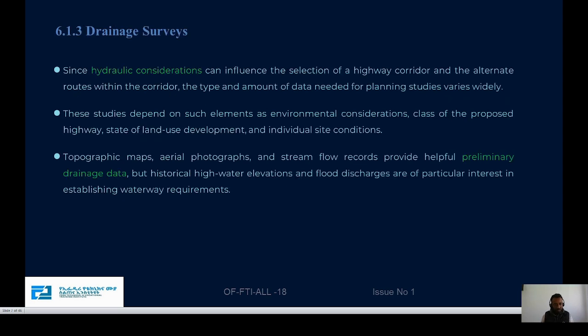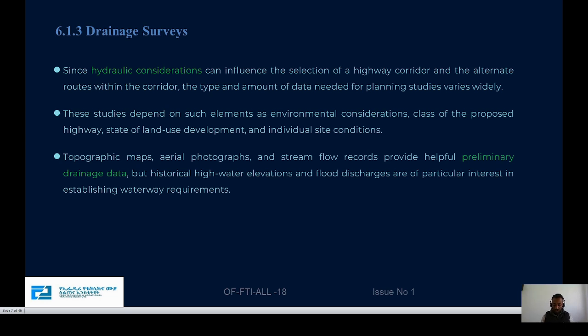And for drainage surveys, they will be conducted by field study or by office work. Mostly data related to hydraulic considerations will be collected, which influence the selection of the highway.